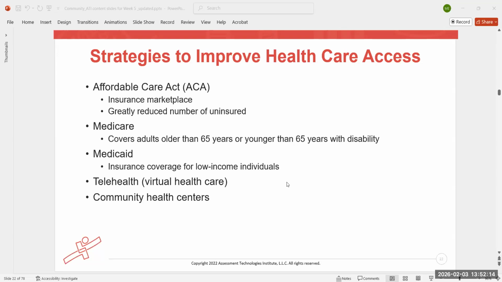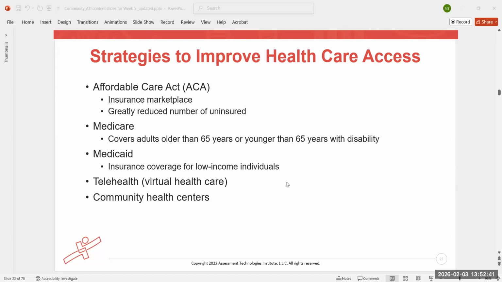Part A is more if you have to go into the hospital or be placed into skilled nursing care. Part B looks at more specific services: outpatient care, home health, diagnostics. Part C is more private, and it's a combo of A and B. And then Part D looks specifically at prescription medication coverage.